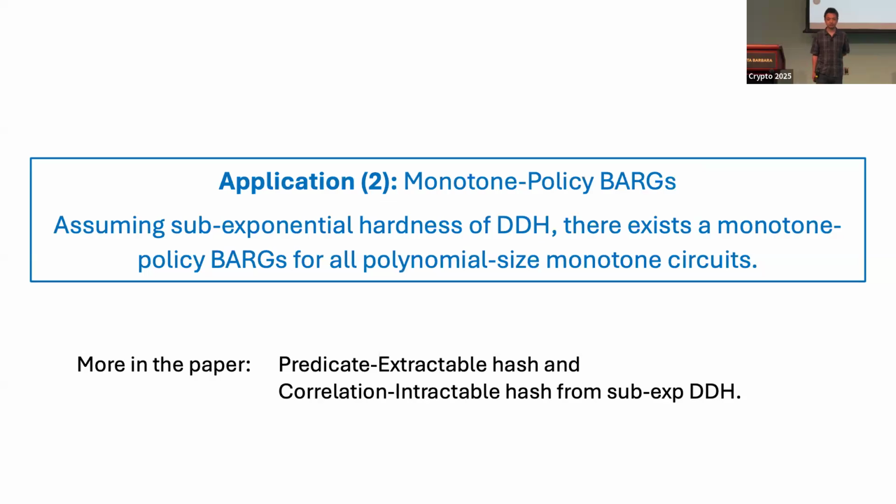As another application of this sometimes decryptable homomorphic encryption, we also show how to build SNARKs for these monotone policy batch arguments from the sub-exponential DDH assumption. And there are more results in our paper, such as the construction of predicate extractable hash from sub-exponential DDH, and also the correlation extractable hash from the sub-exponential DDH assumption.